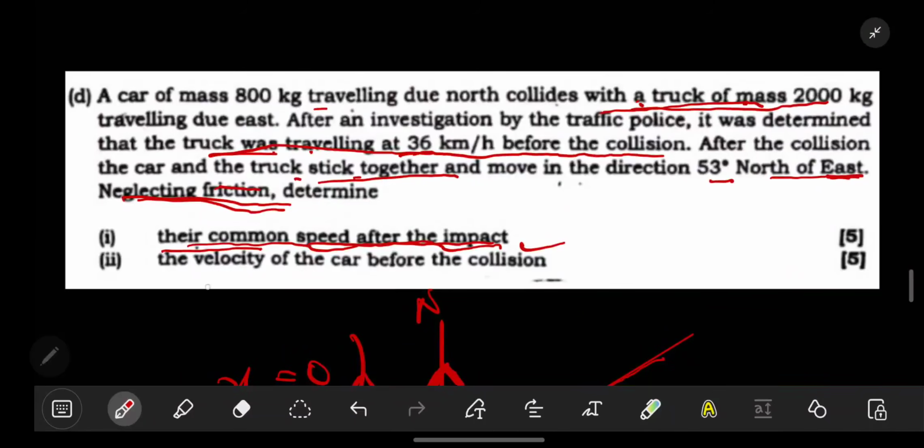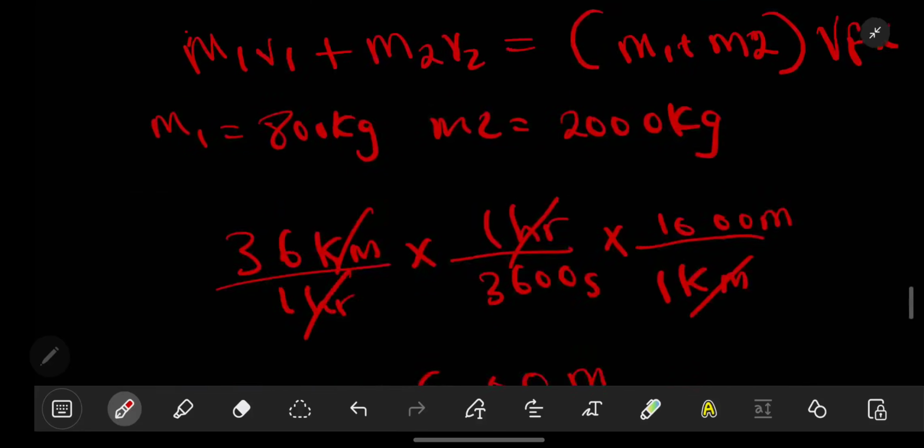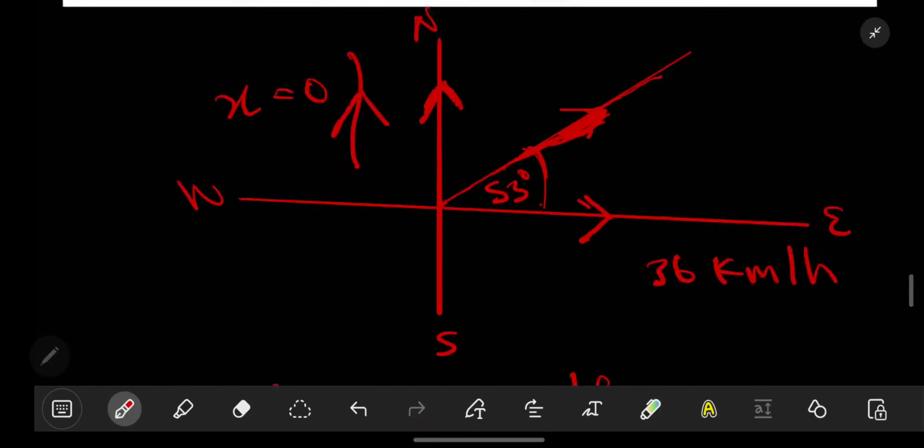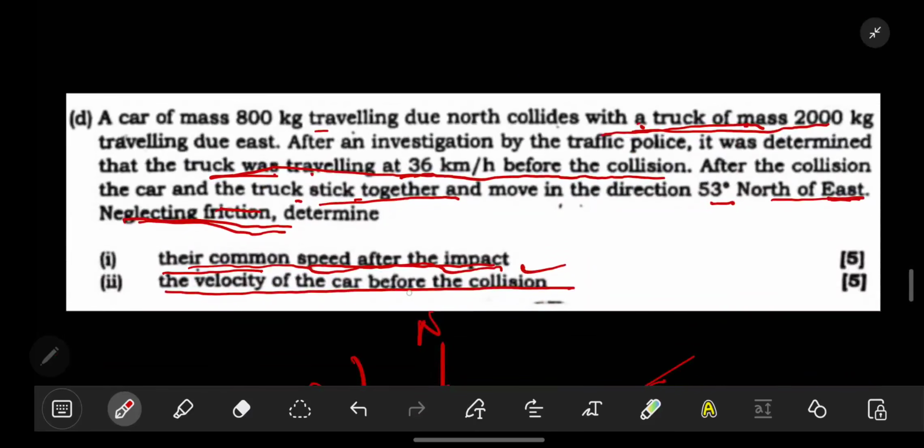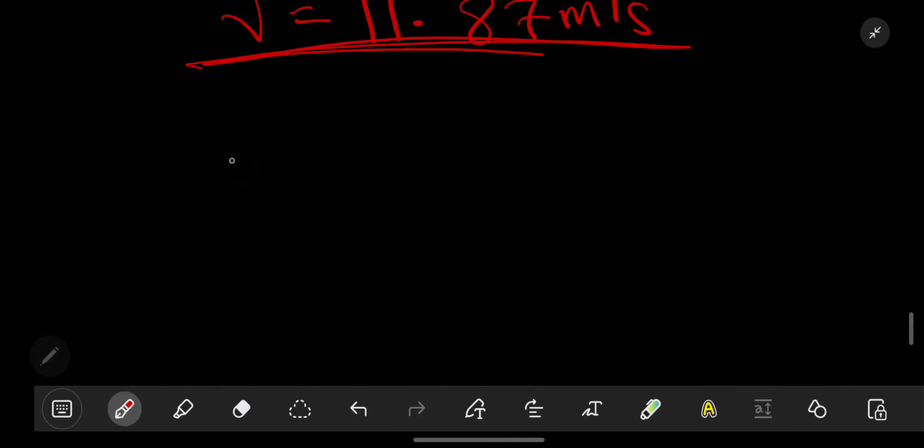Last but not the least, we are looking at the velocity of the car before the collision. Now this one, the car was moving purely in the y-axis, so we are going to use the y. So we are going to say momentum in the y.